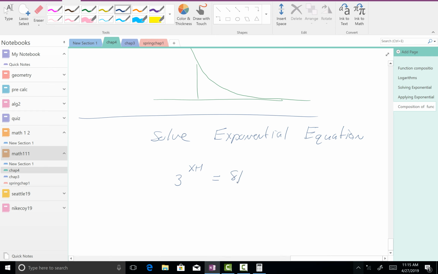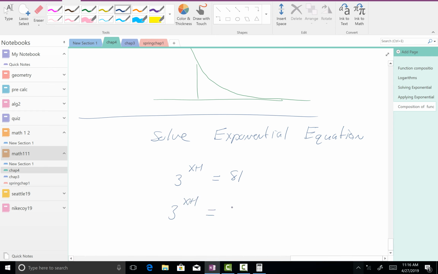So here, this works only because this 3 and this 81, you can write this 81 in terms of 3. Okay? So in other words, I can take this 81 and write it as a power of 3. So I could go like this. 3 to the x plus 1 is equal to 3.